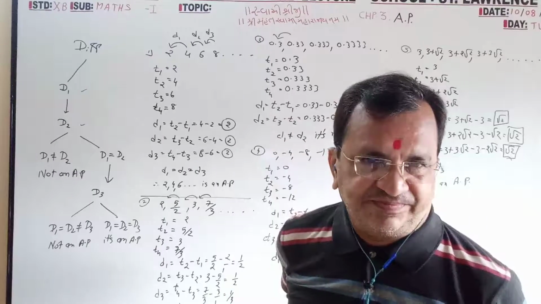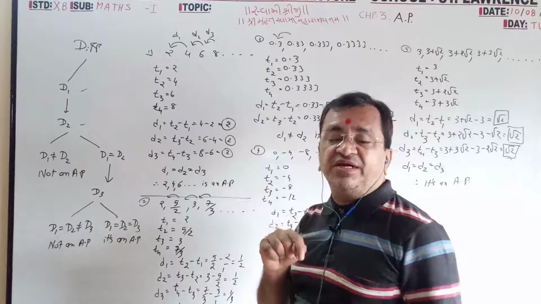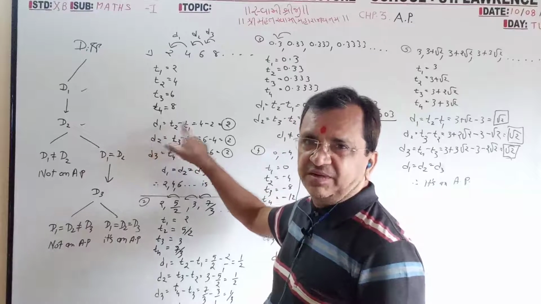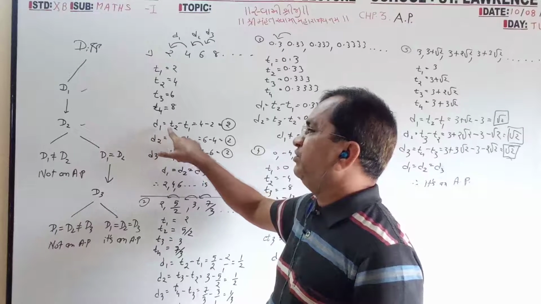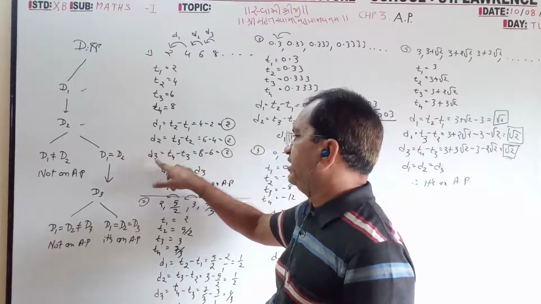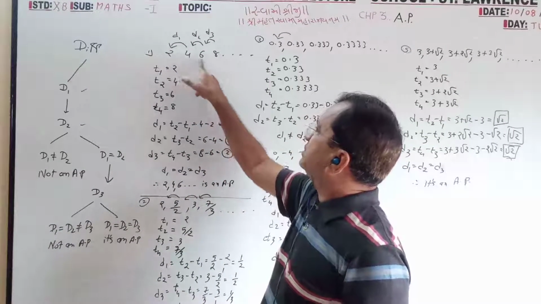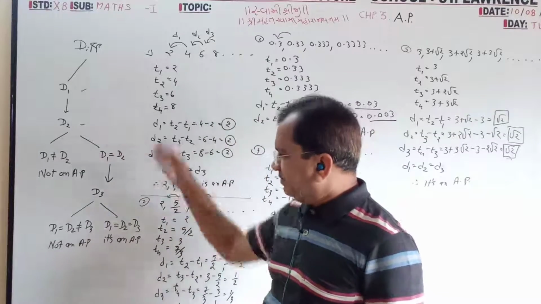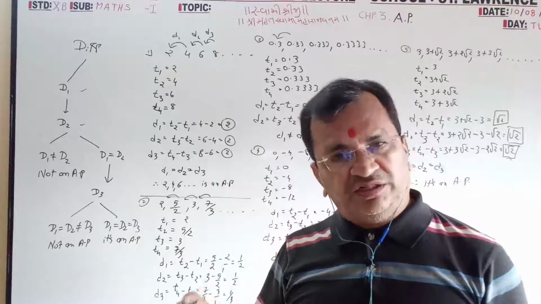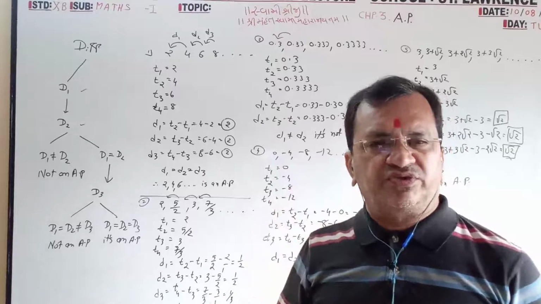So D1 is equal to T2 minus T1. Whatever D you have to find, it is next number minus previous: D1 is T2 minus T1, D2 is T3 minus T2, D3 is T4 minus T3. Find the 3 differences and compare them. If all 3 are equal, it is an AP. If all 3 are not equal, or even if the first 2 are not equal, then it is not an AP.